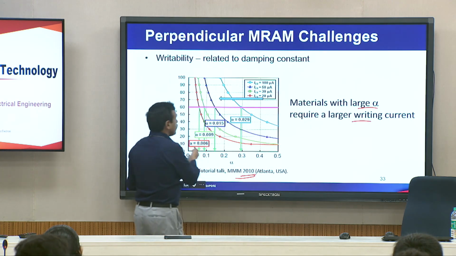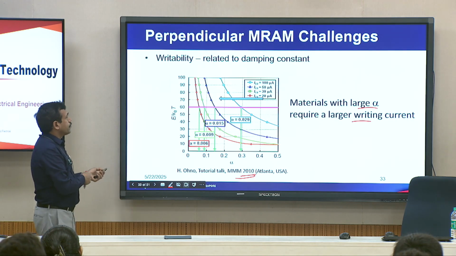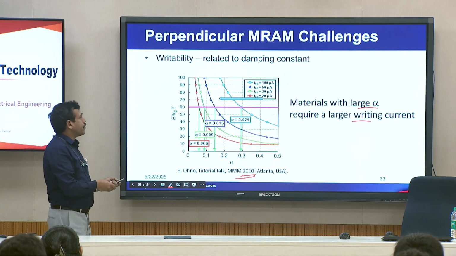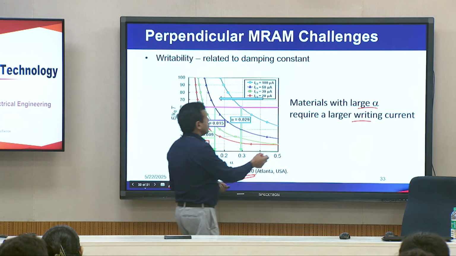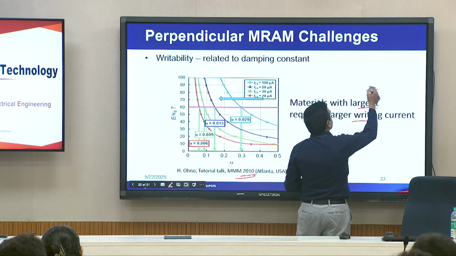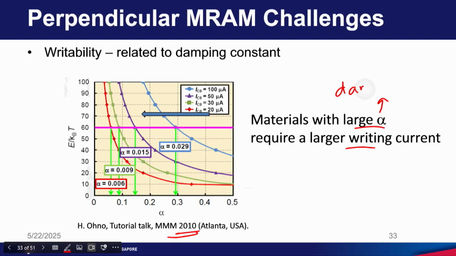So most of the material that we saw earlier all had very large damping constant. So this is the damping constant. Okay, so because of the larger writing current, they were not useful.